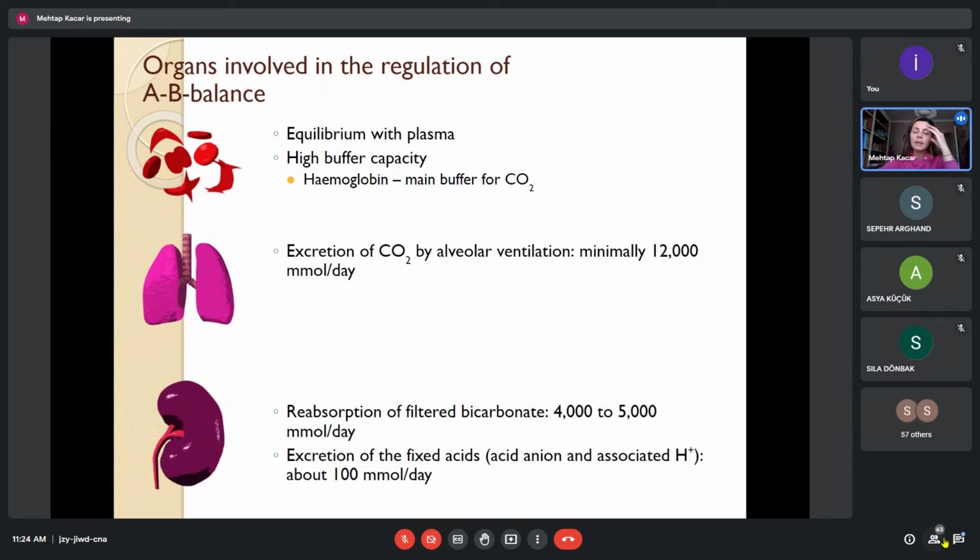The kidneys are responsible for reabsorption of filtered bicarbonate, and because of this reabsorption, we gain bicarbonate ion from our kidney tubes. In addition to gain of bicarbonate ion, the kidney is responsible for excretion of fixed acid. We excrete hydrogen ion about 100 millimole per day.